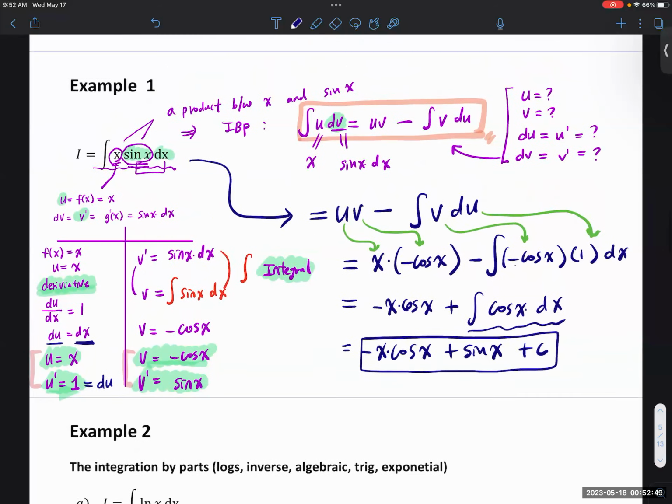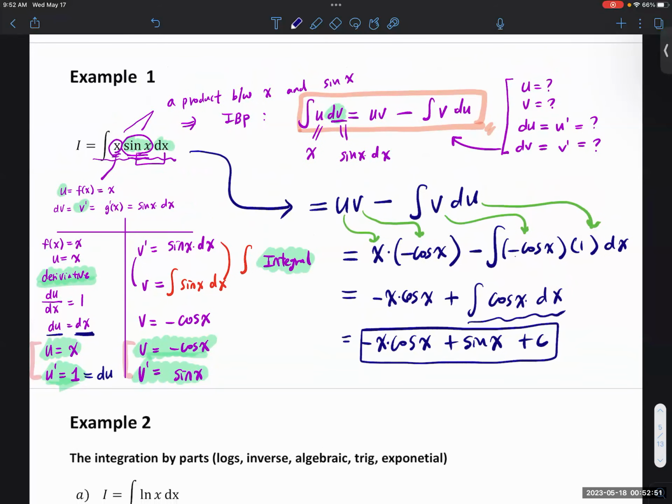So we just applied the IBP method to find the answer when you take the integral of a product of 2 functions. And what is the IBP method? You're going to find out 4 important components. In the question, always u and dv are given, in other words, u and v prime. All you need to do is find u prime and v.